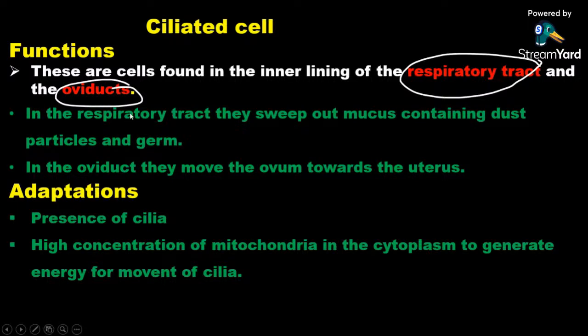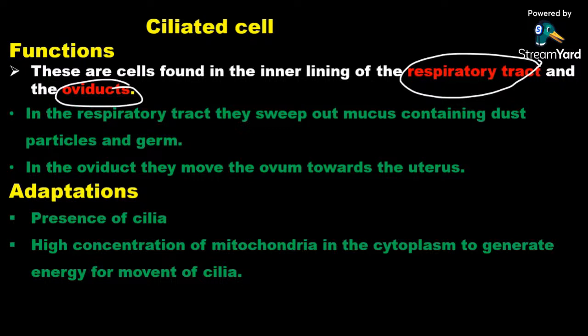Now, what are the functions? We are going to give the function based on what they do in the respiratory tract and what they do in the oviduct. If you are given a question such as what is the function of the ciliated cell, that is an open question.